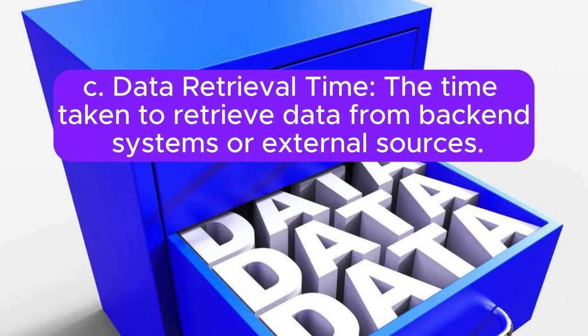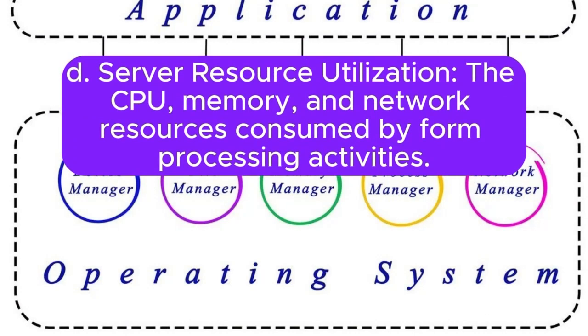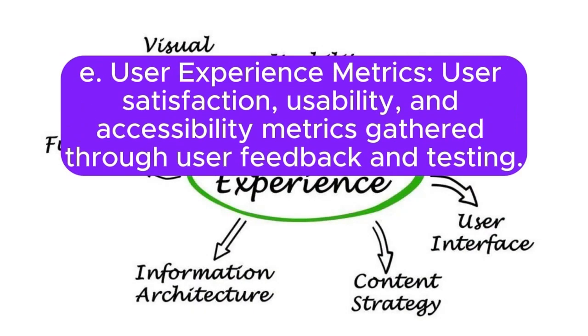C. Data retrieval time. The time taken to retrieve data from backend systems or external sources. D. Server resource utilization. The CPU, memory, and network resources consumed by form processing activities. E. User experience metrics. User satisfaction, usability, and accessibility metrics gathered through user feedback and testing.